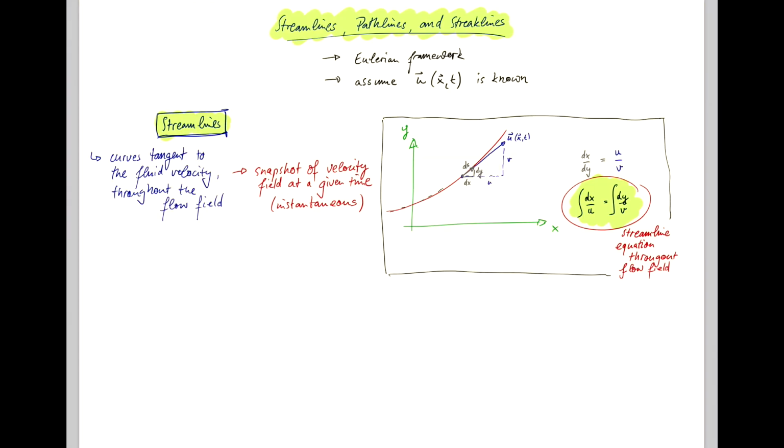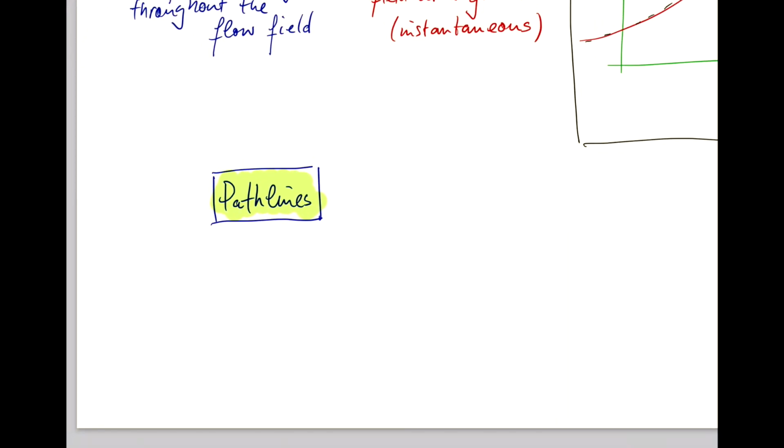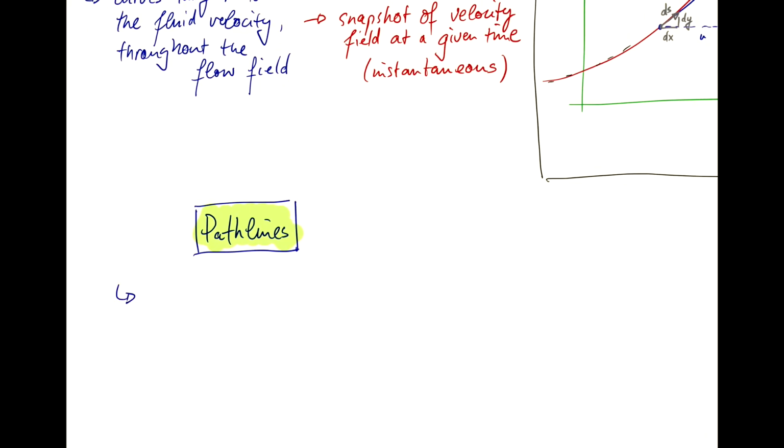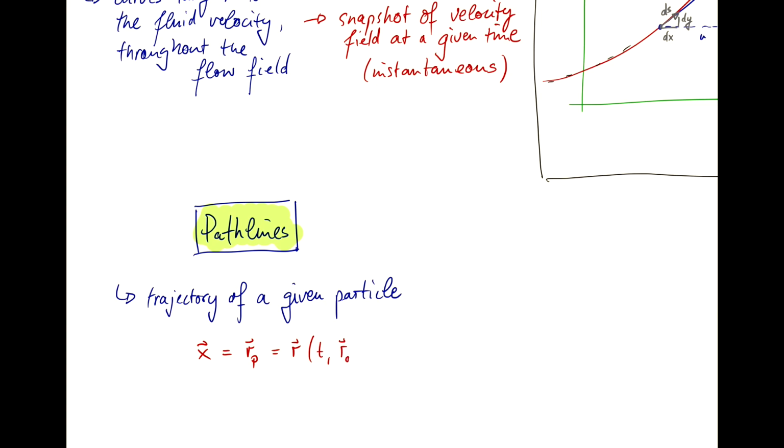Now, path lines describe the trajectory of a given particle. I've introduced this notation before. Here the position of the particle is given as rp, which is the location that is defined at the time t, and the initial conditions for each particle are r0 and t0.